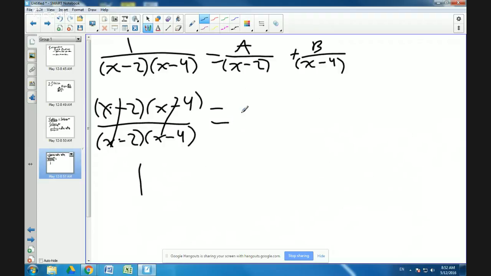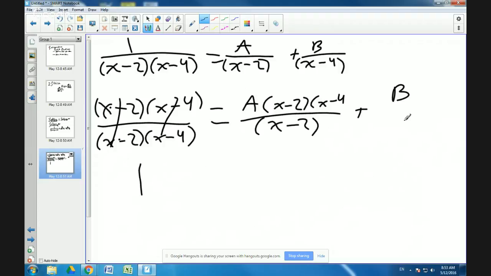Then on this side, we have A times x minus 2 times x minus 4 over x minus 2, plus B times x minus 2 times x minus 4 over x minus 4.